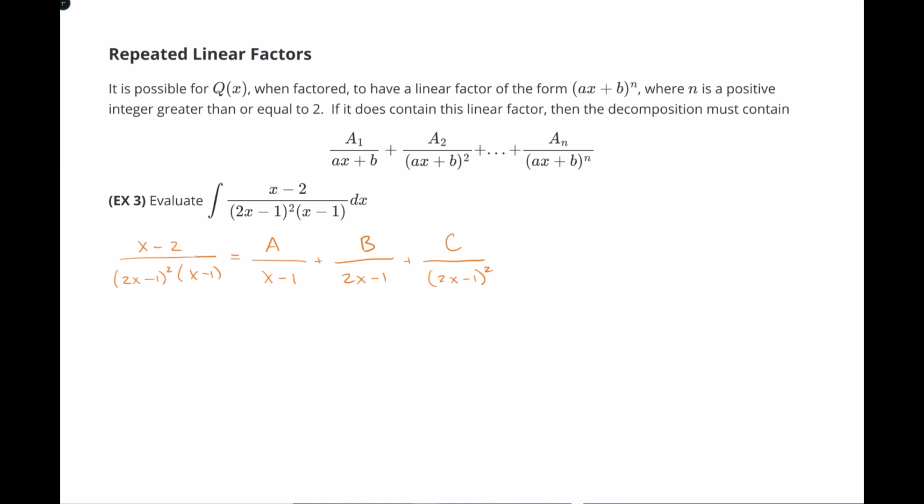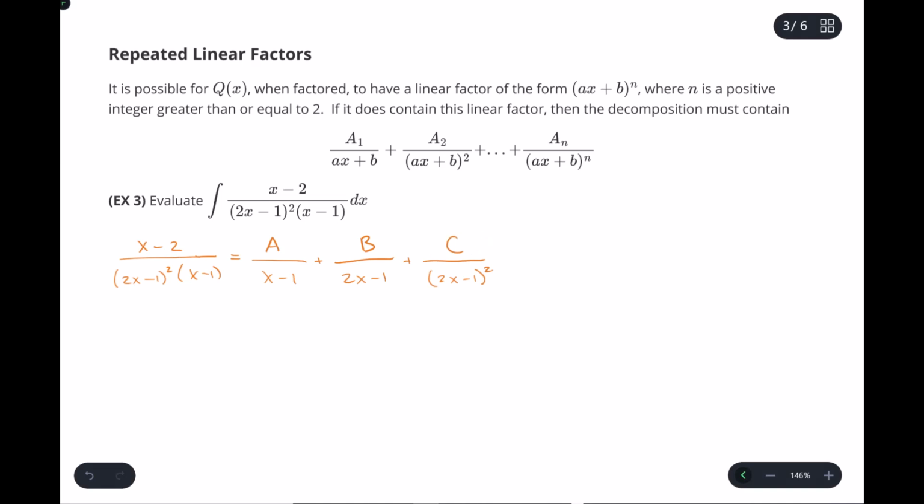Now, it's sometimes confusing to students as to why you wouldn't make this a linear here, and I'm not going to go through the details as to exactly why that is, but suffice it to say, you can. It's just going to make your process in solving for these coefficients more difficult, and you will always result in finding that c is equal to 0, and you just end up with a single constant up here.